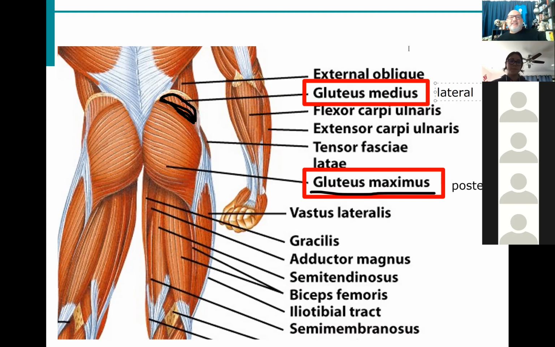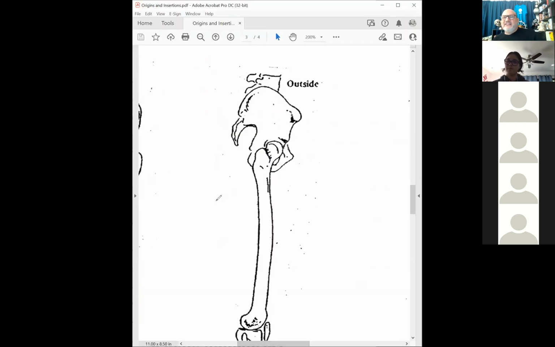We really see that when we draw its origins and its insertions. So when we draw it, notice we look here at this lateral view of the leg. And what is the origin of the gluteus medius? Lateral ilium. Notice it doesn't go up onto the crest. Underneath the crest, basically in this region here, this indented fossa on the lateral aspect of the ilium, is our origin.